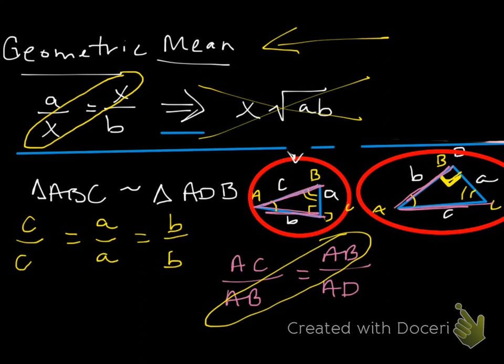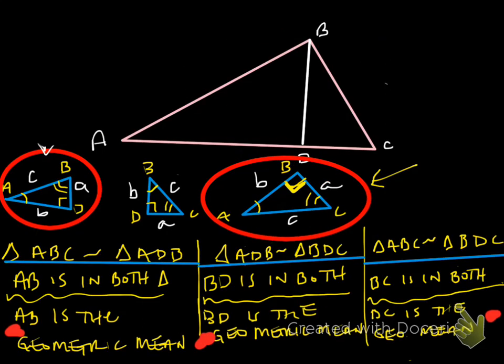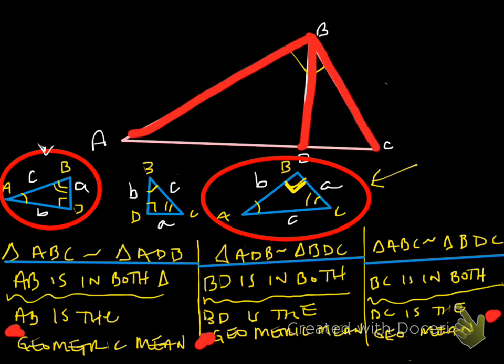And if you notice, all the common legs, all the geometric means, come out of the right angle, because remember, this was the initial right angle of the original triangle. So what are my geometric means? The first one is AB. The second one is BD. And the third one is BC. That is not by coincidence. All the geometric means will come out of the right angle on the big triangle.